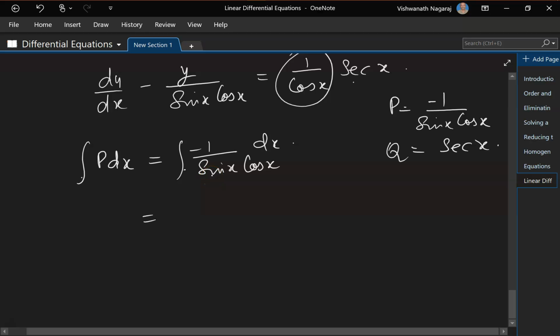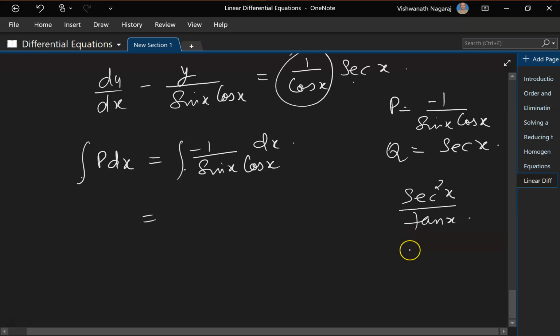If we can convert this into some kind of a standard one, and one of the standard ones which I remember is sec square x by tan x, right? Because then it becomes log of tan x, right? So log of tan x will be 1 by tan x times differential of tan x, which is sec square x. Yes. So how do I convert this into sec square x by tan x?